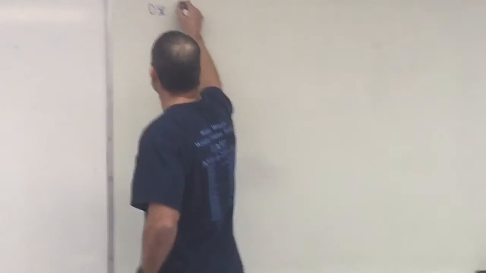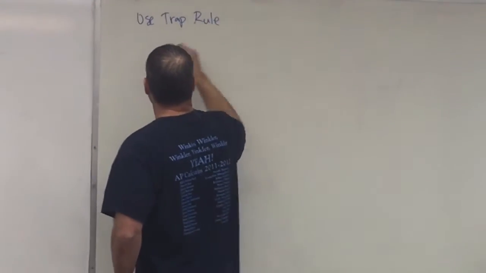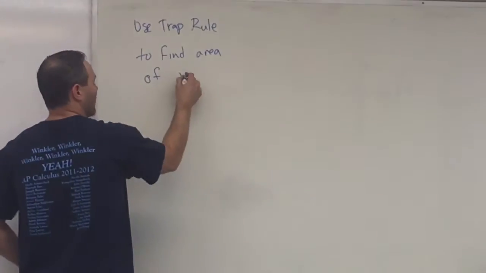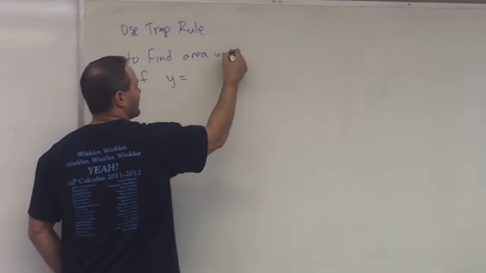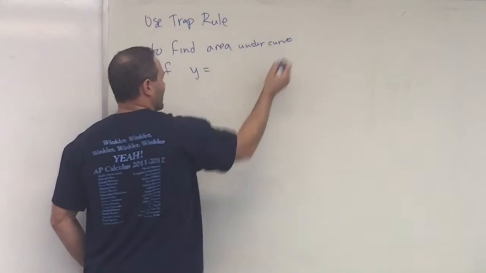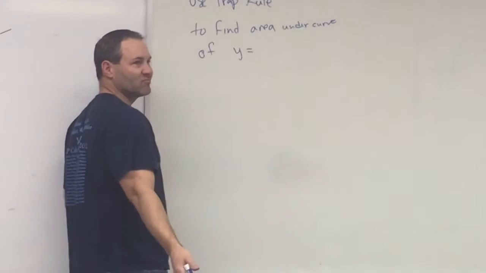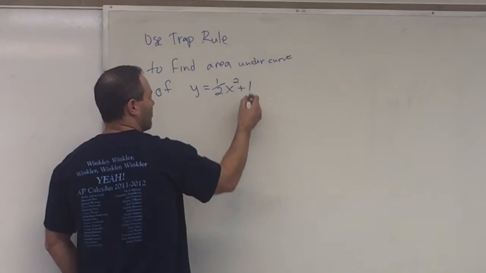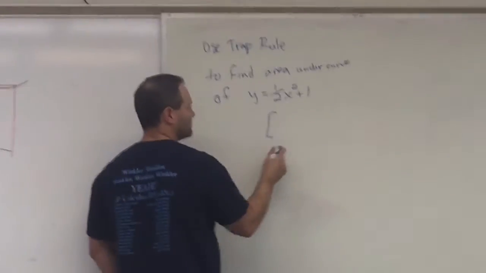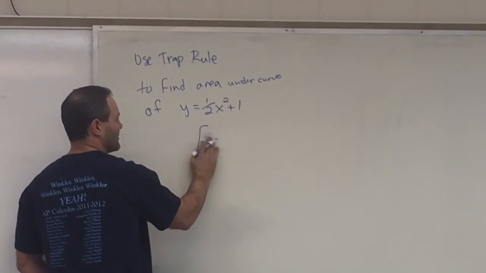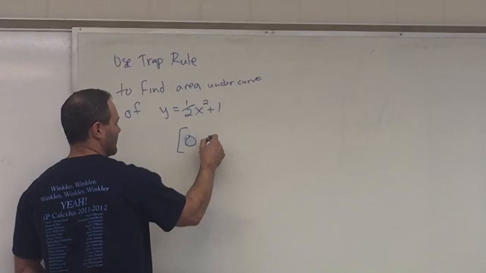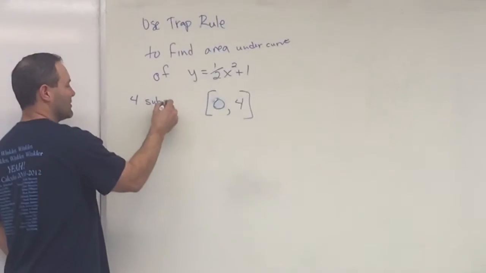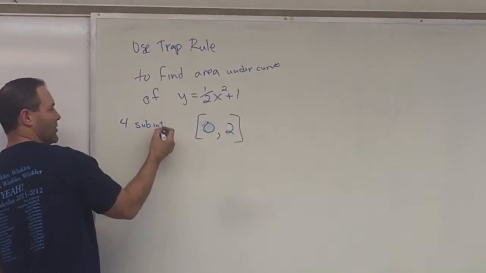We'll use the trapezoid rule to find the area under the curve y equals one half x squared plus 1 from 0 to 4, and we'll do 4 subintervals. Oh, we'll go like this, 0 to 2. So 4 subintervals.